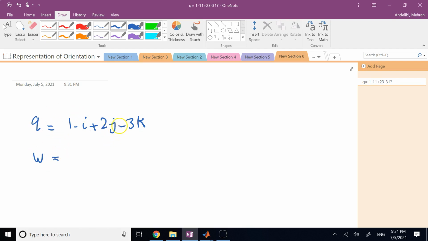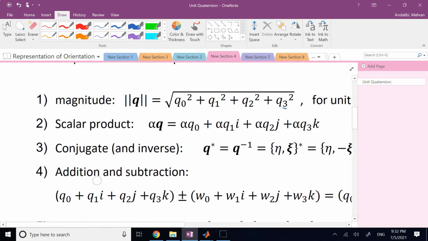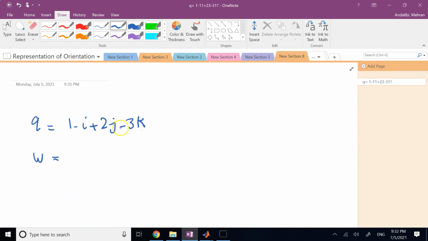So this is not a unit quaternion. For the product, when you want to follow these rules, you do not need the quaternion to be a unit quaternion. You can use it. It's in other places that it better be a unit quaternion, and I'll explain. So if it's just for the sake of practice, it does not really matter here.